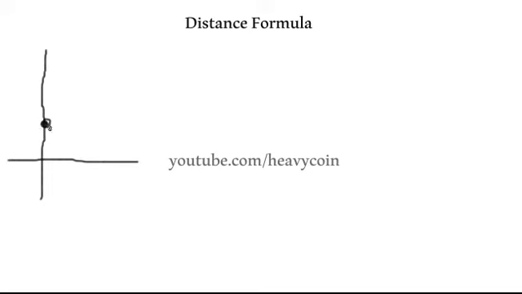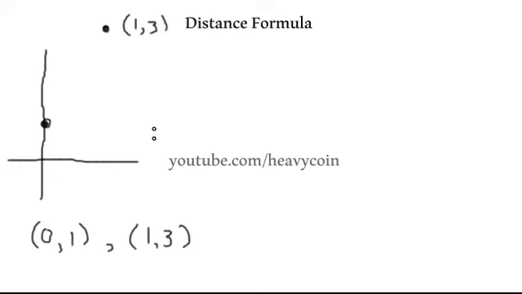So we're going to have a point here, at 0, 1, and then we're going to have another point up here, and we'll call this 1, 3. Alright, so we got 2 points, and we want to find the distance between these 2 points right here. So this is the distance that we're after, right here. Okay, that's the distance that we're looking for.